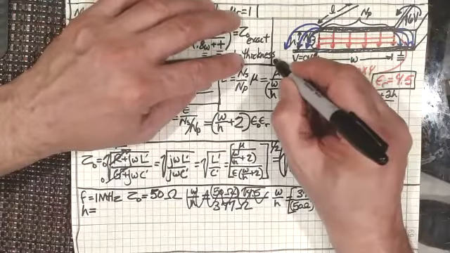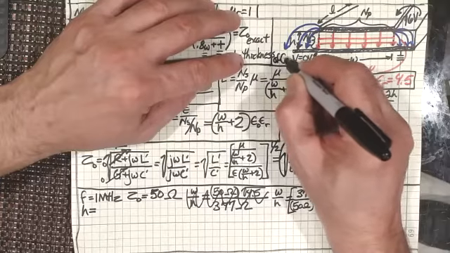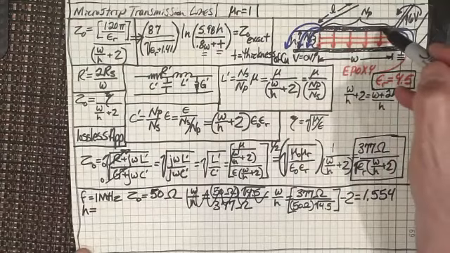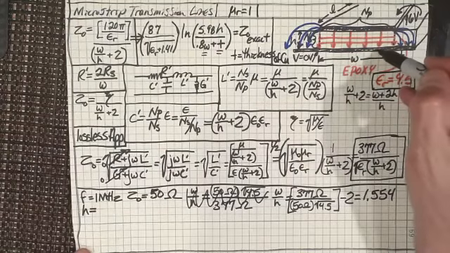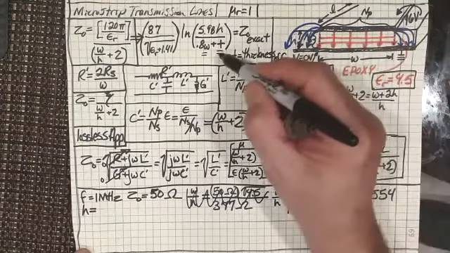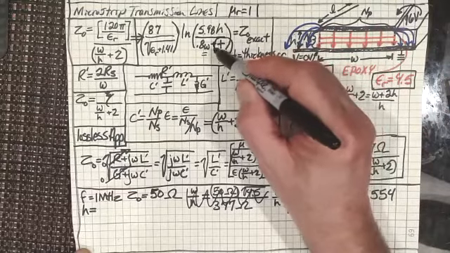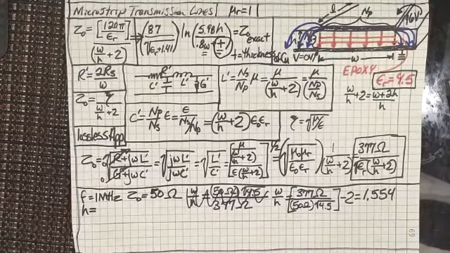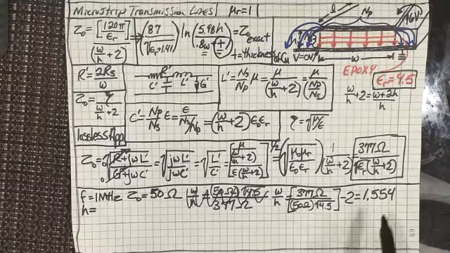This is the thickness of the copper, right? The thickness of the copper up here, the copper coating. So even that comes into play, figuring out the exact characteristic impedance of that microstrip transmission line. All right. Now that's a 1.554 ratio.